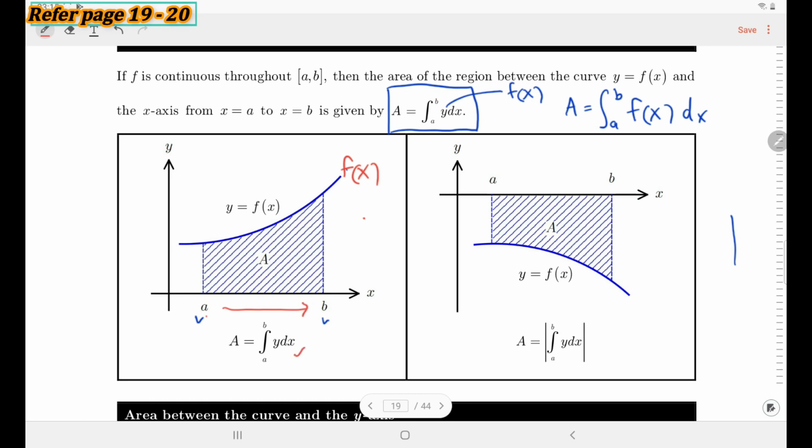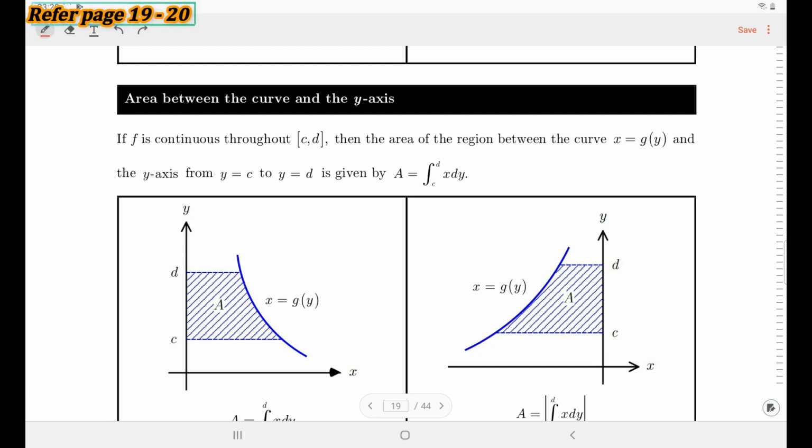On the right side, the curve is below the x-axis, so the area would be negative, but we must put the modulus sign here, because the area must always be positive.